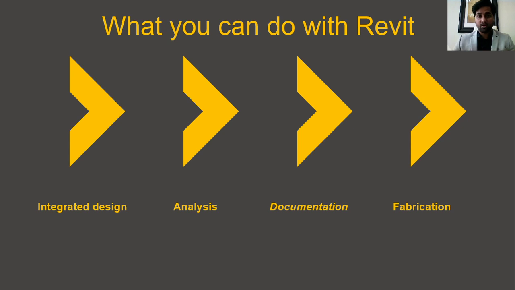And last but not the least, we have fabrication, which is an essential part of MEP. If you are going to do the fabrication in, let's say, your factory, or if you want to create the fabrication drawings, we can use the help of Revit to create such drawings. So let's see in detail what each of this means.